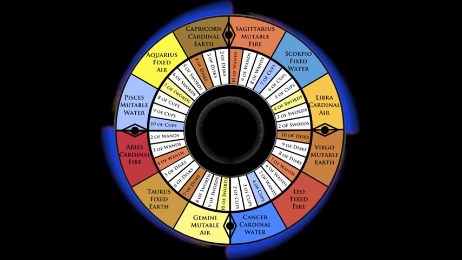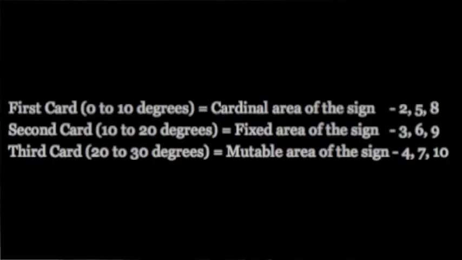Now the cardinal area of the signs represents the 2-5-8 trine system. The fixed area of the signs represents the 3-6-9 trines, and the mutable area of the signs is shown by the 4-7-10 trine systems.